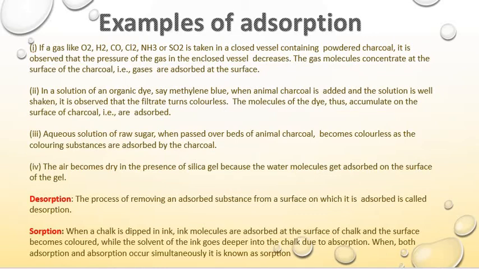Another example: in a solution of an organic dye, let's say I have taken methylene blue, and when animal charcoal is added and the solution is well shaken, it is observed that the filtrate turns colorless. The molecules of dye accumulate on the surface of charcoal. That means the molecules are adsorbed on animal charcoal.